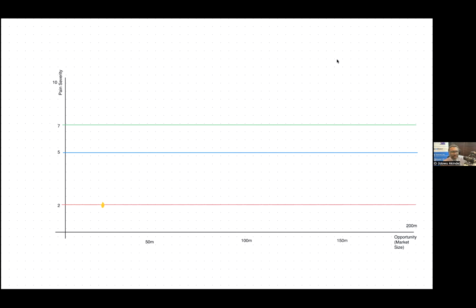Let me change that to, how many people are experiencing this problem at a 5? Let's call that this. How many people are experiencing this problem at a 3? Let's call that maybe 150 million, right?